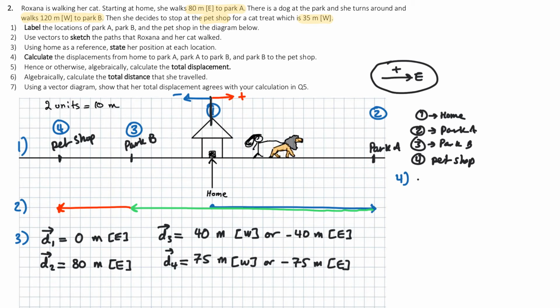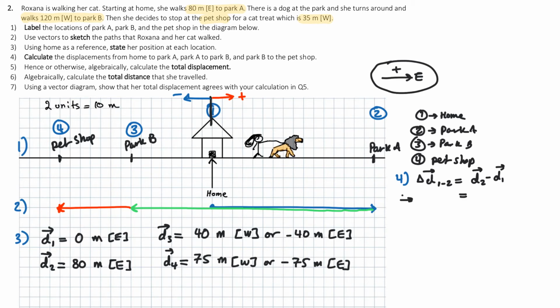So the first thing we want to do is to find the displacement. For displacement, that's change in position. And we want it, the first one is from home to park A. So home is 1 and park A is 2. To do this, I will subtract position 1 from position 2.